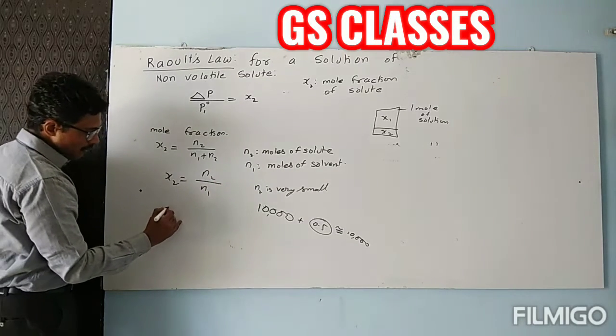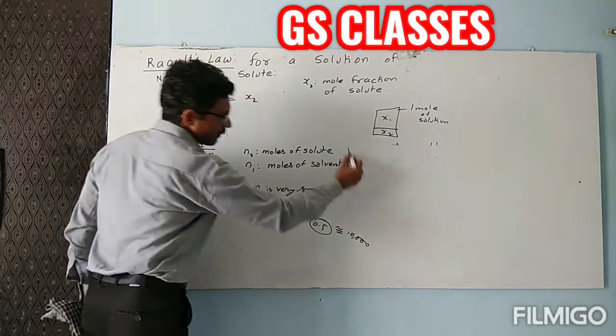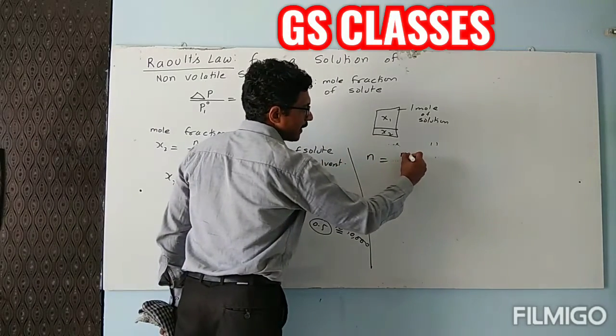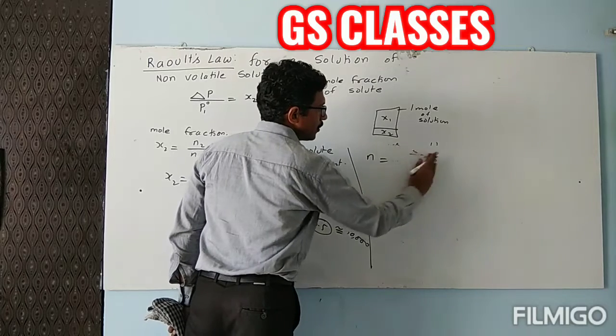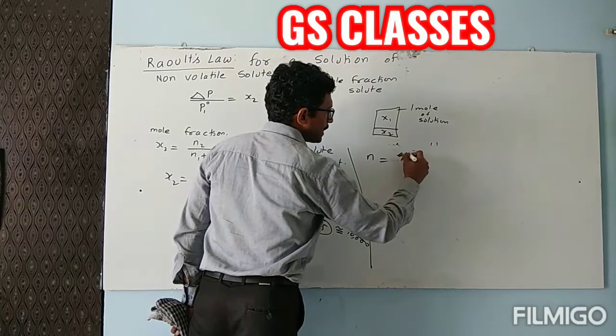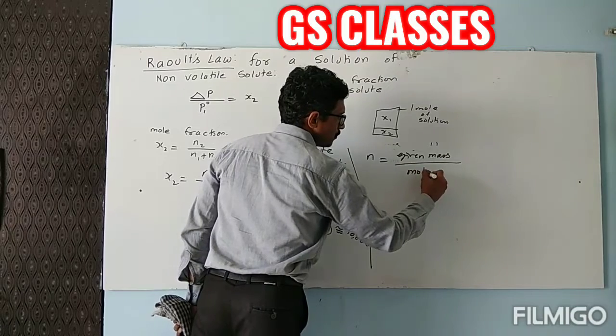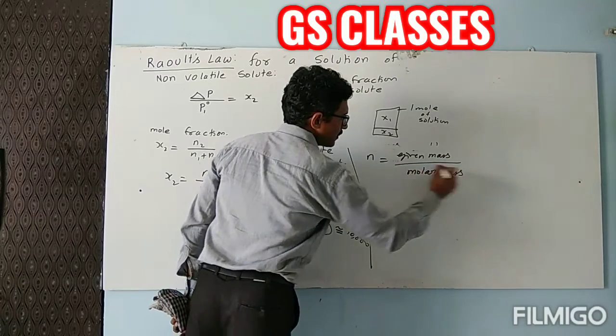Now children, already you have seen that the number of moles is calculated by writing given mass by molar mass.